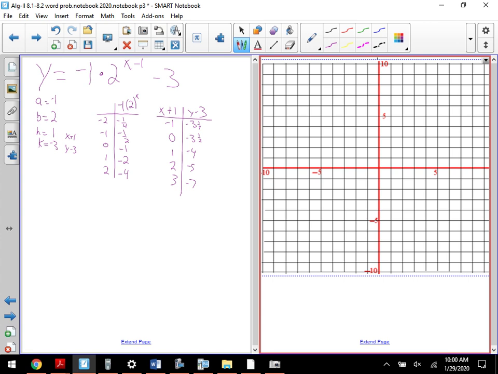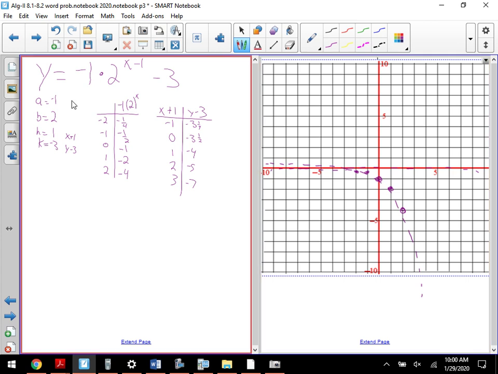Negative 2, negative 1/4. Negative 1, negative 1/2. 0, negative 1. 1, negative 2. 2, negative 4. Negative 1.